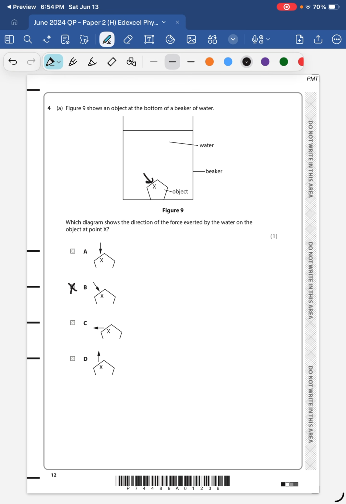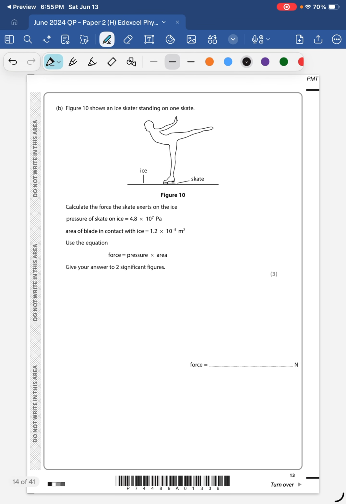If you examine the other ones, C is totally wrong because it shows a force that points outwards. D is also totally wrong because it points outwards. So only A and B make sense, but it should be normal to the surface and acting towards the surface. So let's move on.